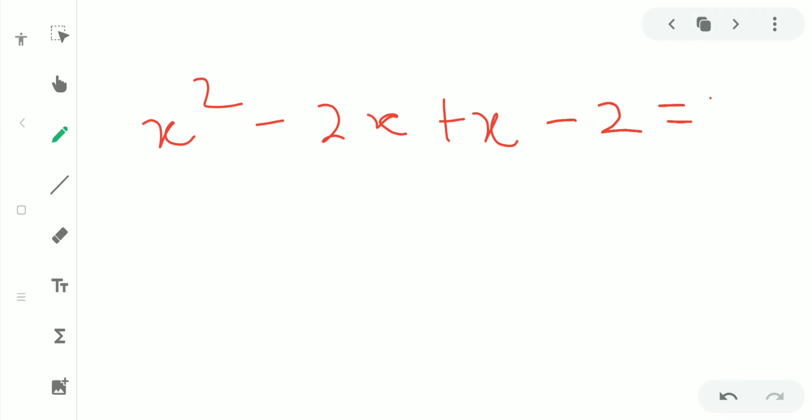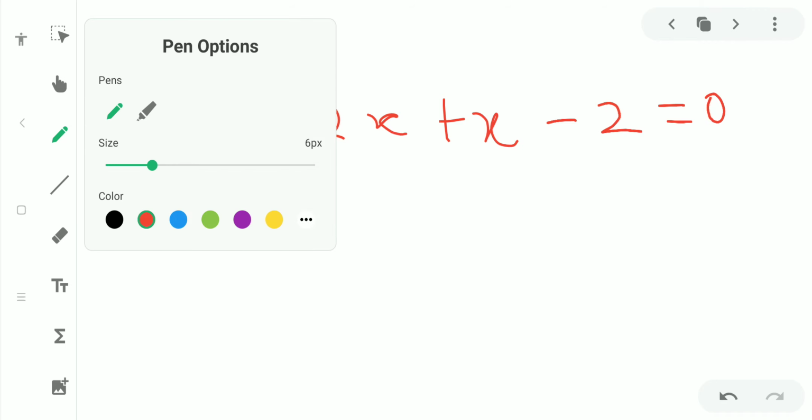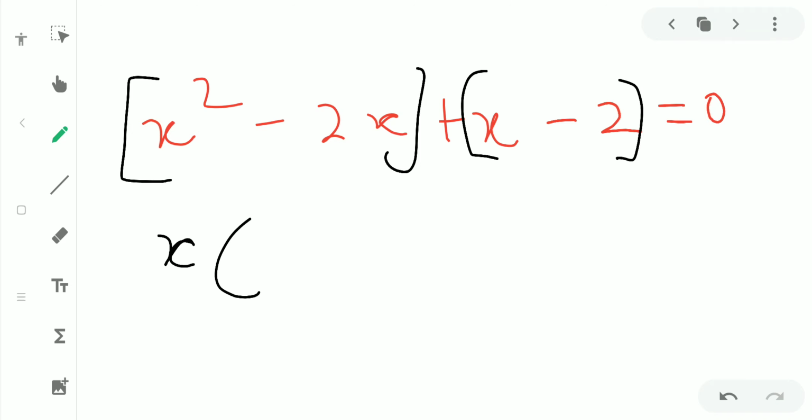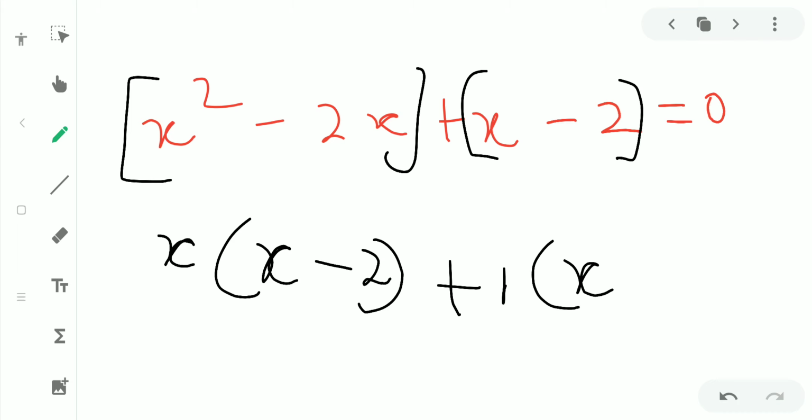Now we can take common from the one which I have kept in the brackets. Here I can take x common, and you will get x minus 2, and plus, on taking 1 common, we will have x minus 2, which is equal to 0.